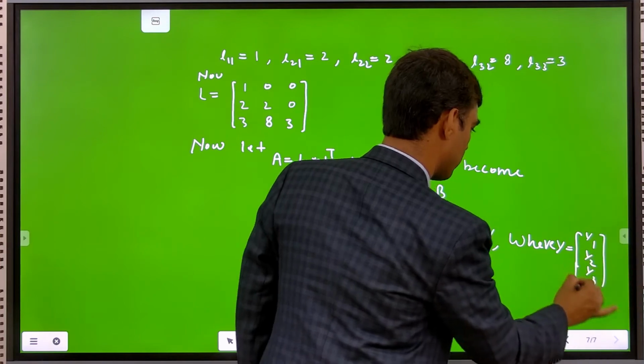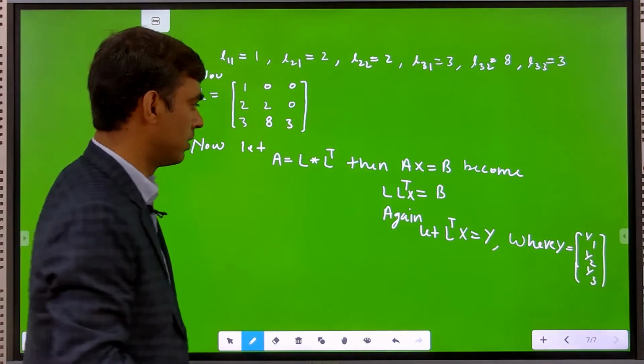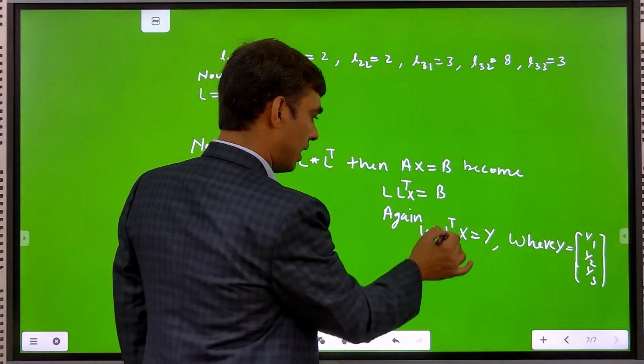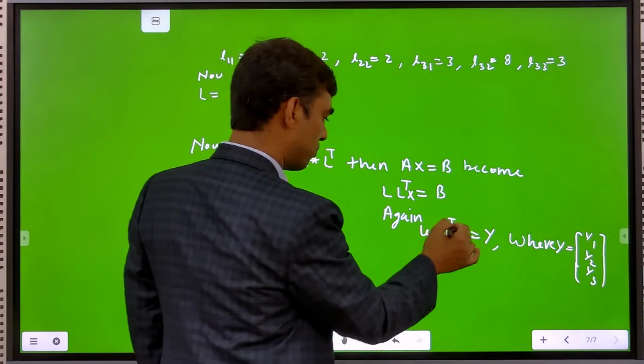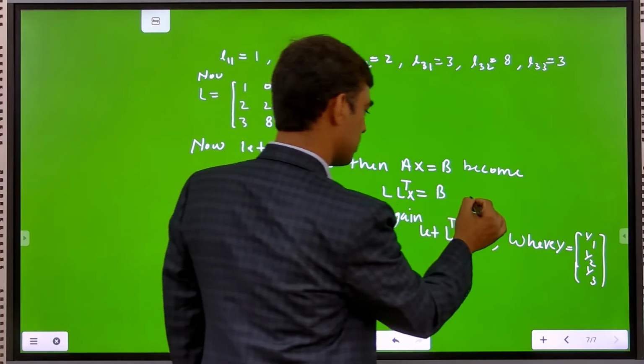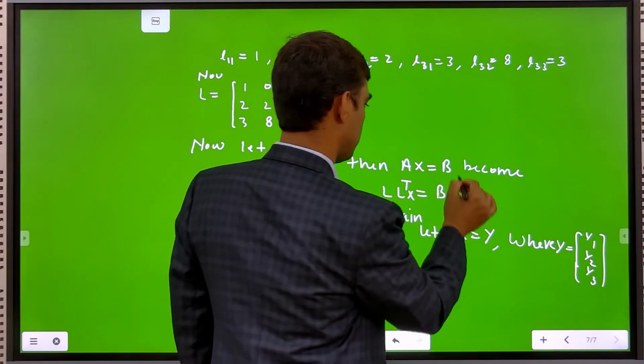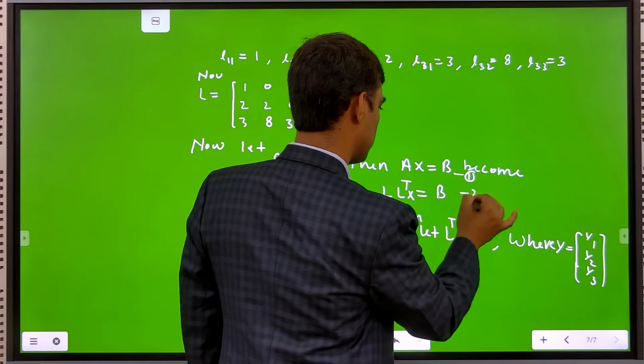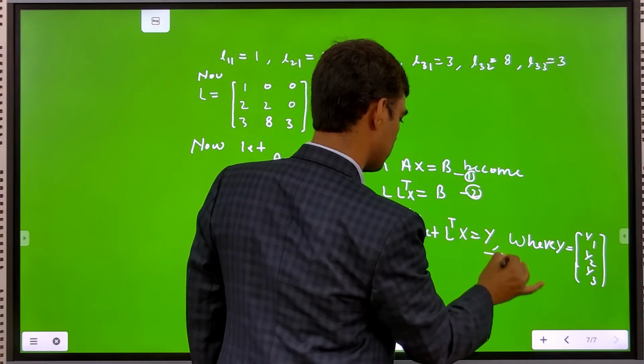Suppose this is equation number 1, this is equation number 2, and this one is equation number 3.